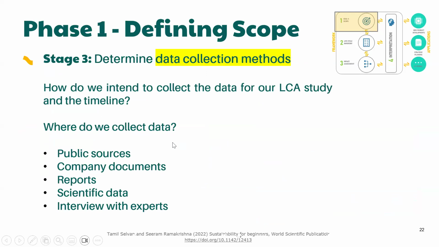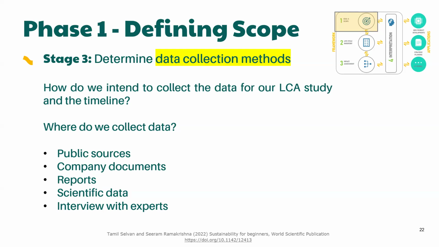So we have discussed stage 1, stage 2, and now we have to focus upon data collection. Once you set your boundary conditions, we have to obtain information about the materials and resources that are used in our system. For example, our power plant that generates 100 megawatt hour of electricity requires coal, limestone, water, and other resources to operate.